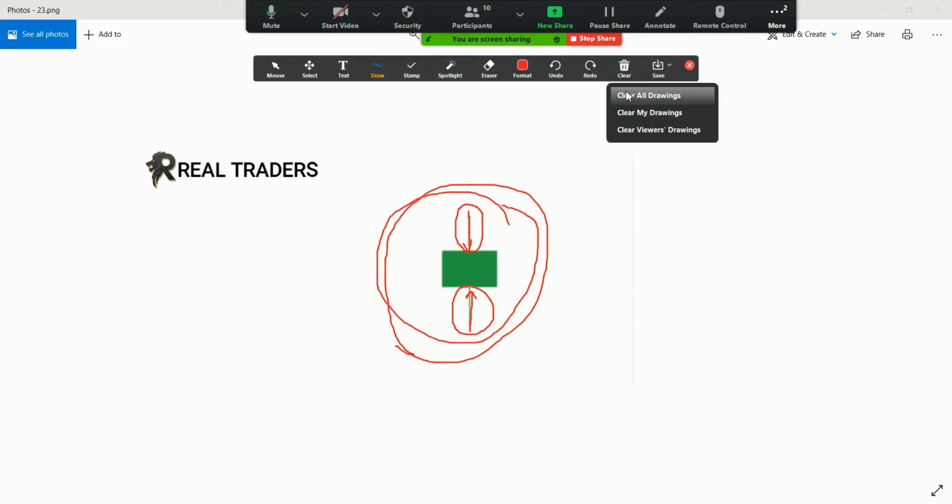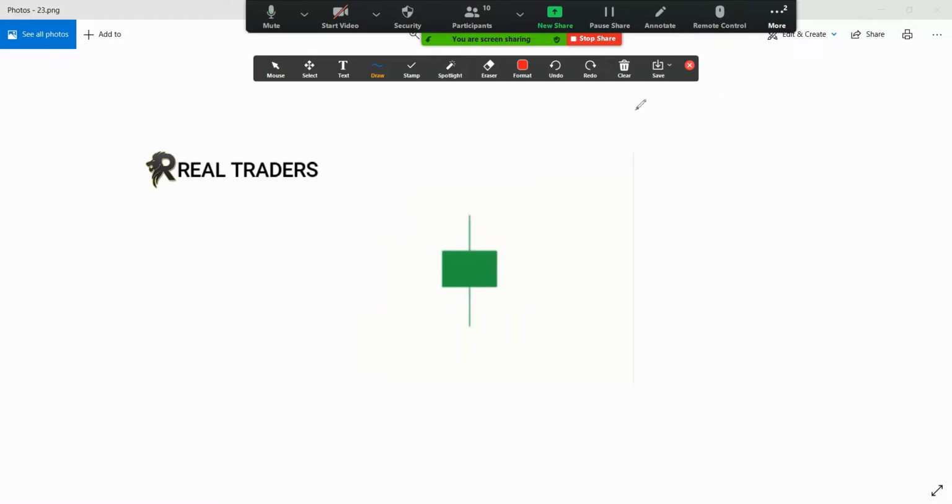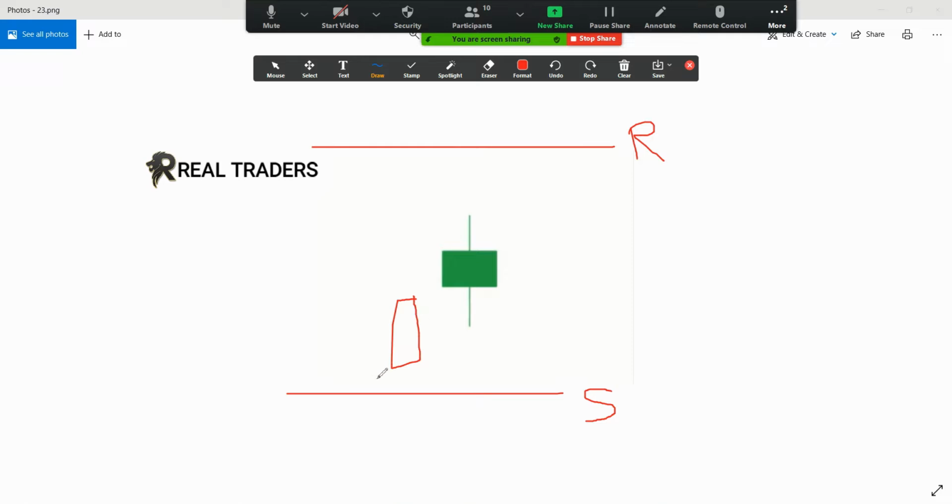But what we can do with this candle, this is also the same. In the middle, it will continue the trend. Resistance level here, support level here. If suppose there is an uptrend here, it will continue till the market reaches the next level.